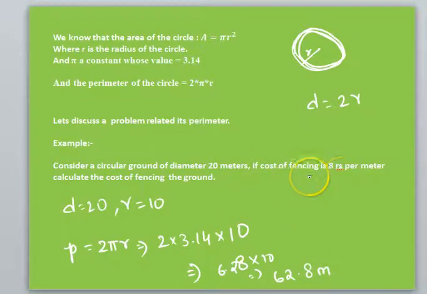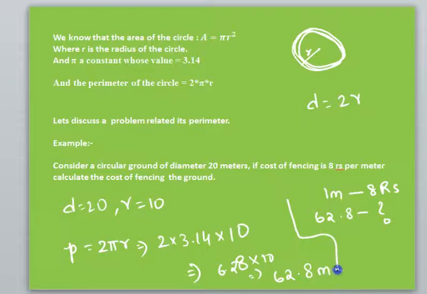If the cost of fencing is 8 rupees per meter, that is 1 meter is costing us 8 rupees, then how much will 62.8 meters cost us? This is what the question is asking you. Simple cross multiplication.